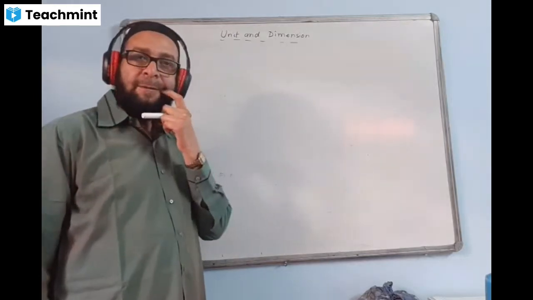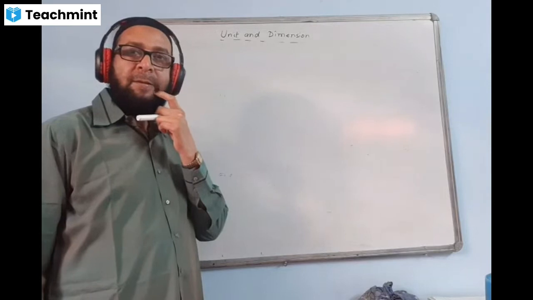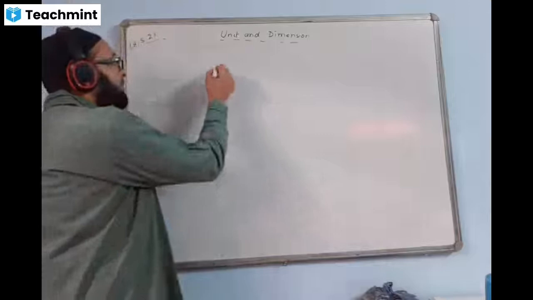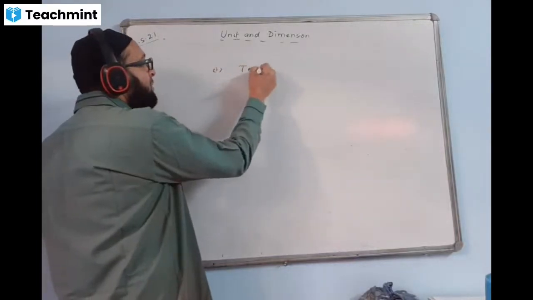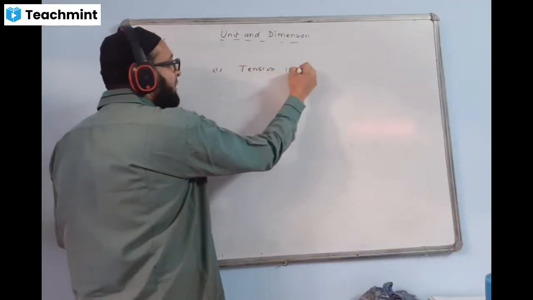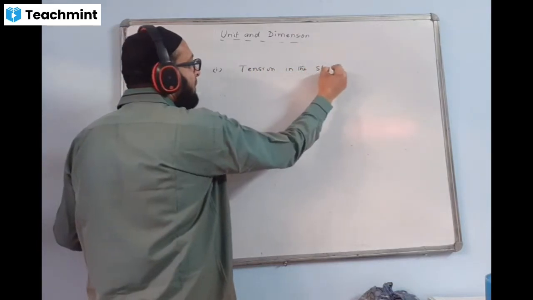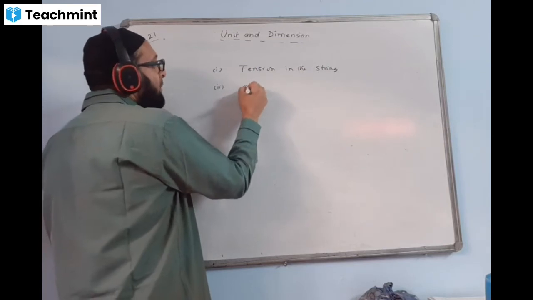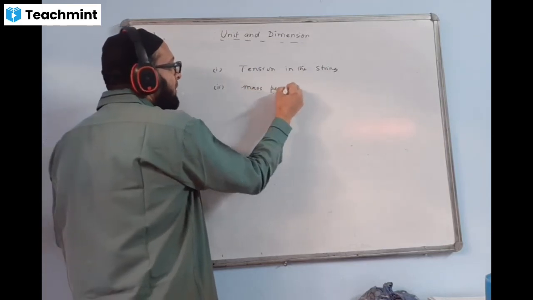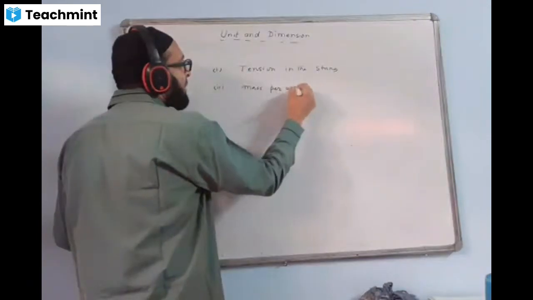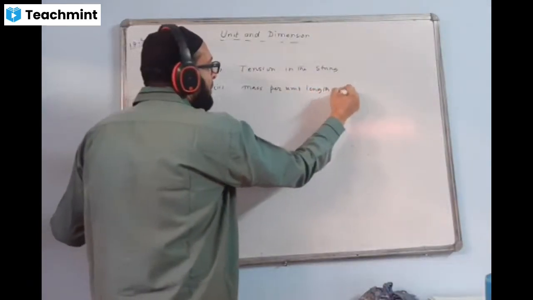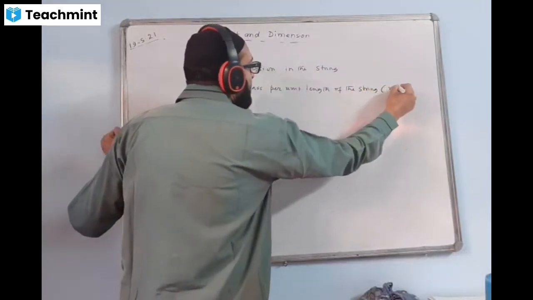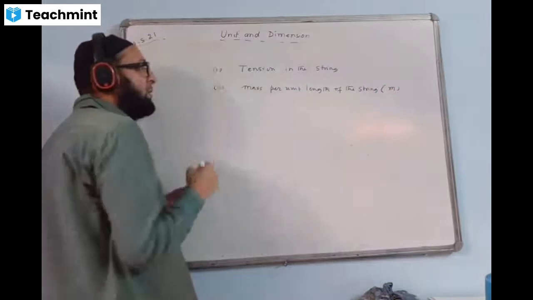Number two, mass per unit length of the string, that is denoted by M. Only two factors.